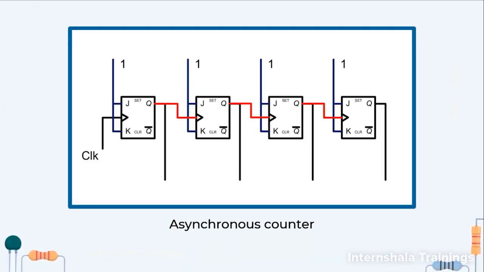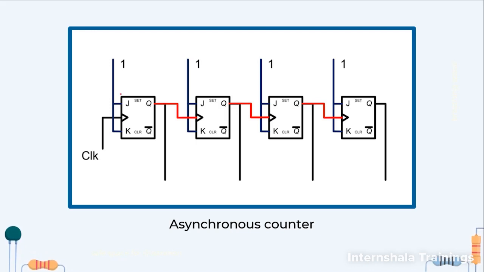Now let us have a look at the block diagram. So here we have 4 JK flip-flops. J and K in every flip-flop are given as 1 1. And if we recall our learning, whenever the JK combination is 1 1, the output of the flip-flop will toggle.